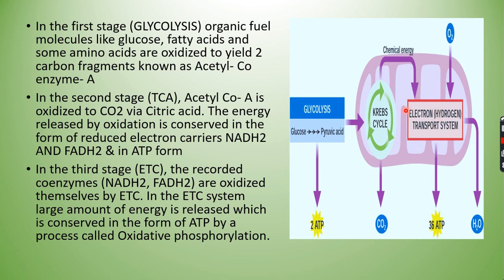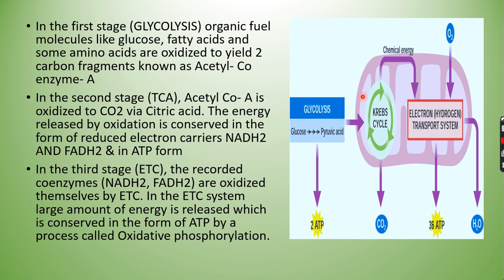Then in the third stage, the coenzymes NADH2 and FADH2 are oxidized by the electron transport chain. In this system, a large amount of energy is released, which is conserved in the form of ATP by a process called oxidative phosphorylation.